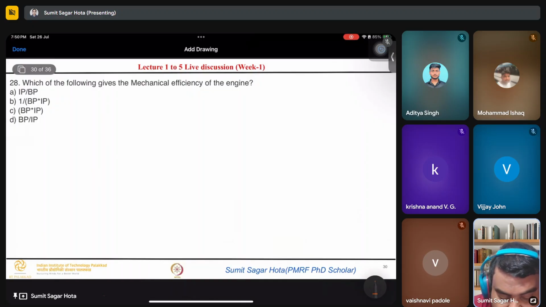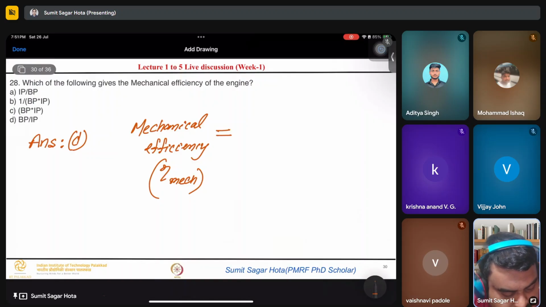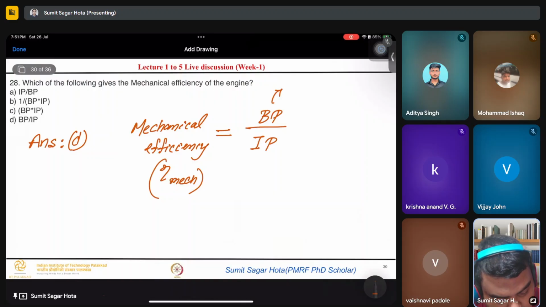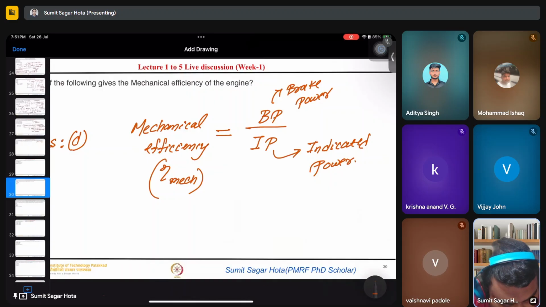Indicated power is always the input power, brake power is always the output power. So brake power by indicated power.